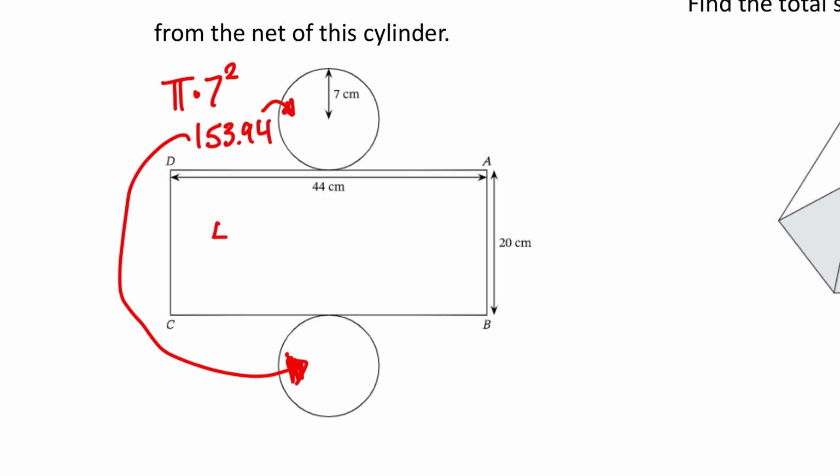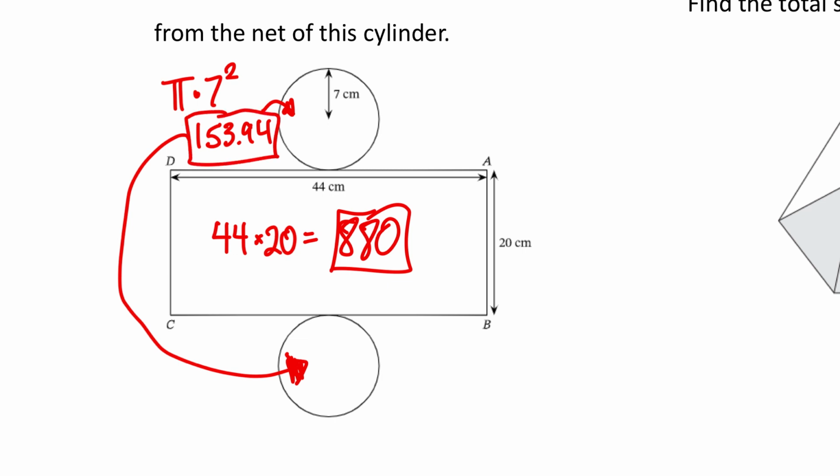And then for the rectangular part, it's just length times width for a rectangle, 44 times 20, which is 880. So what I'm going to do is add these three numbers: the two circles, which are both 153.94, and then this 880.